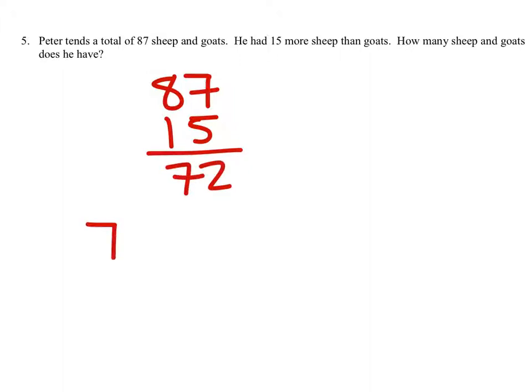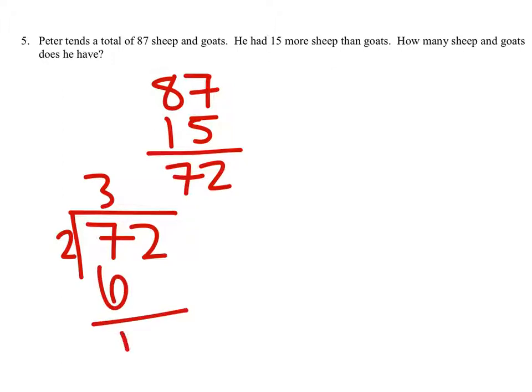Anyways, how many sheep and goats does Peter have? Okay, so what I did is 87 minus 15. That equals 72. And then I did 72 divided by 2, and that's 36.